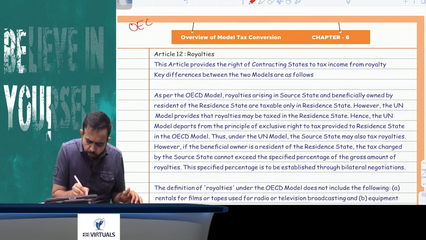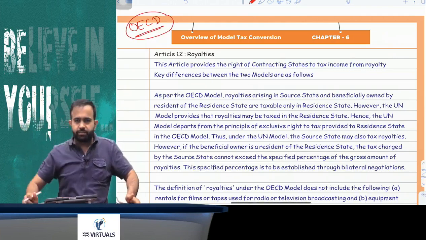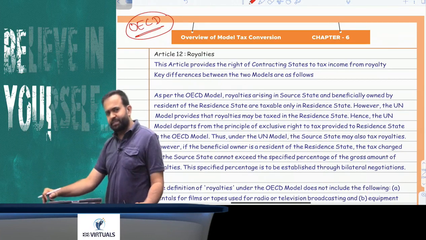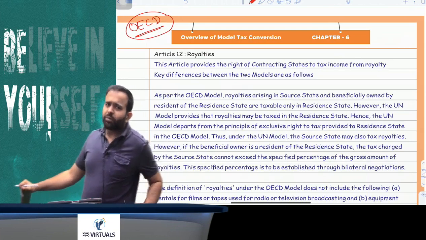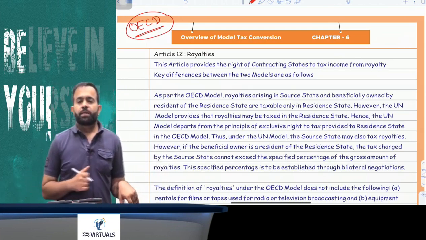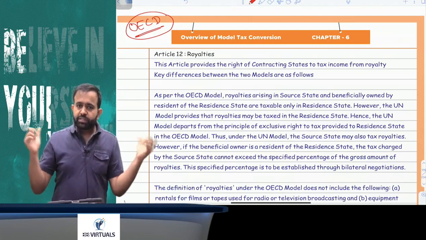The OECD model says only the residence state, never the source state. The source state doesn't have any power to tax royalty income. But as per the UN model, the source state can also charge the tax, and they can come with some percentage.